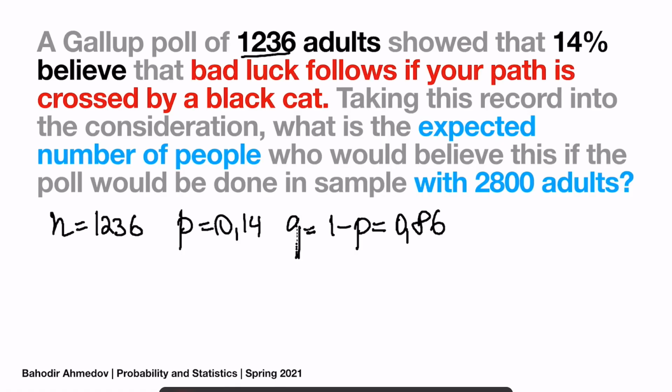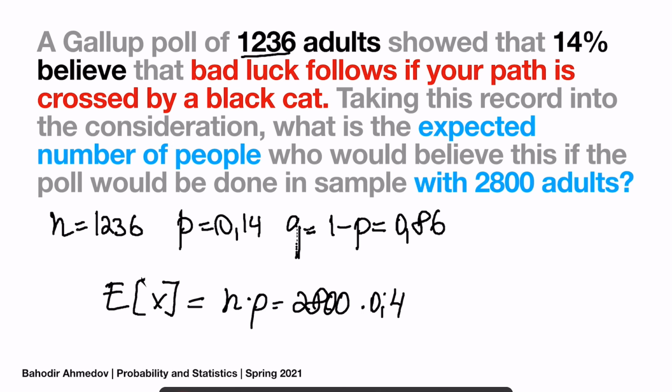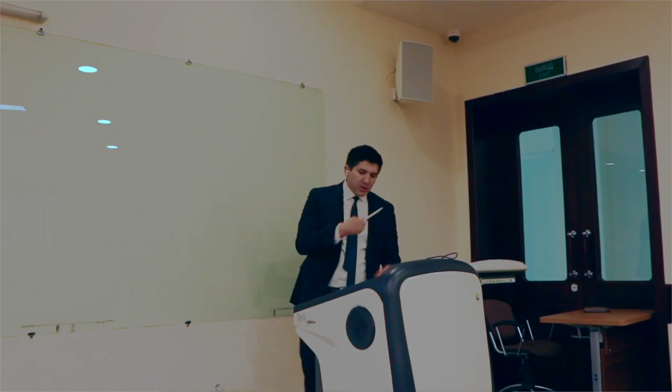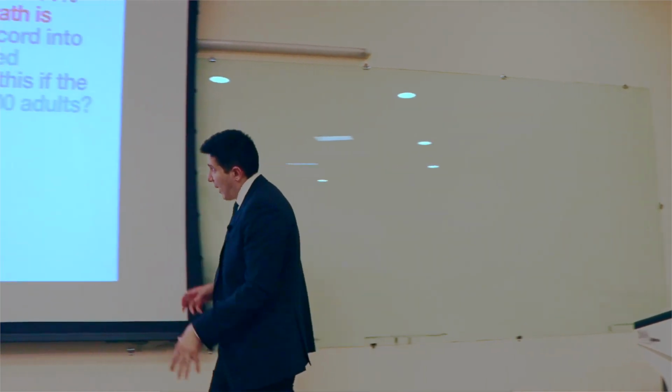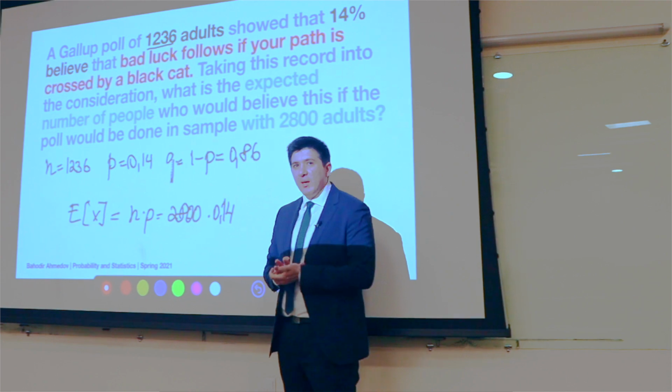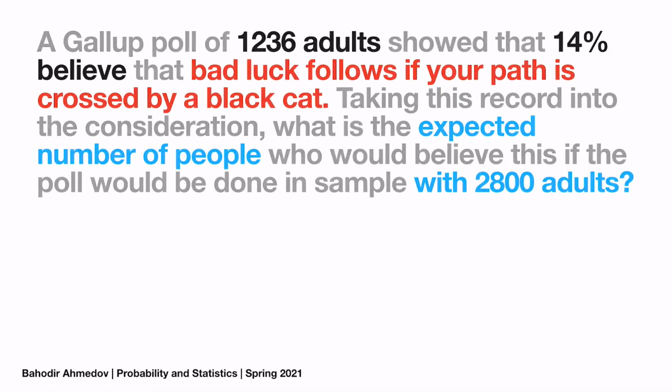In order to do this, the expected value, E of x, is going to be equal to n times p. In our case, it's going to be 2,800 times 0.14. Okay, and that's going to be the number of people we expect to believe this.